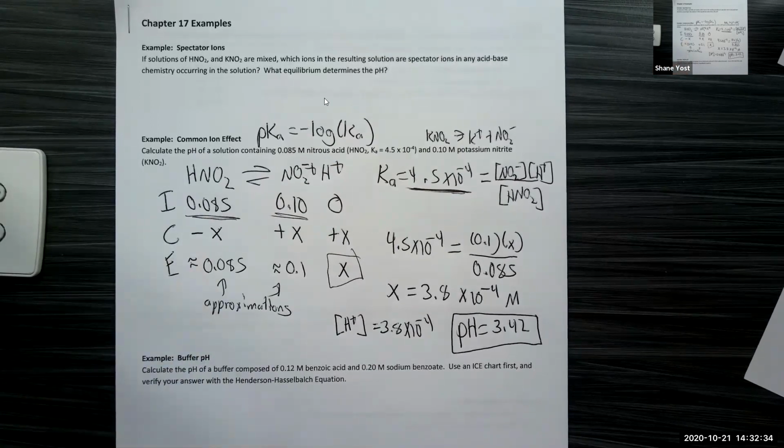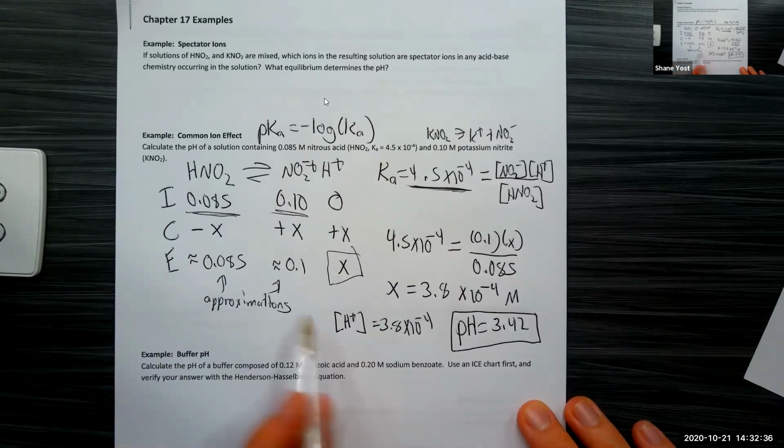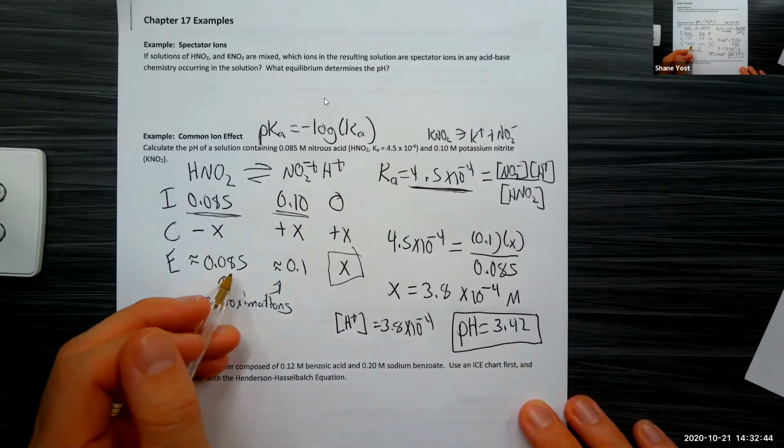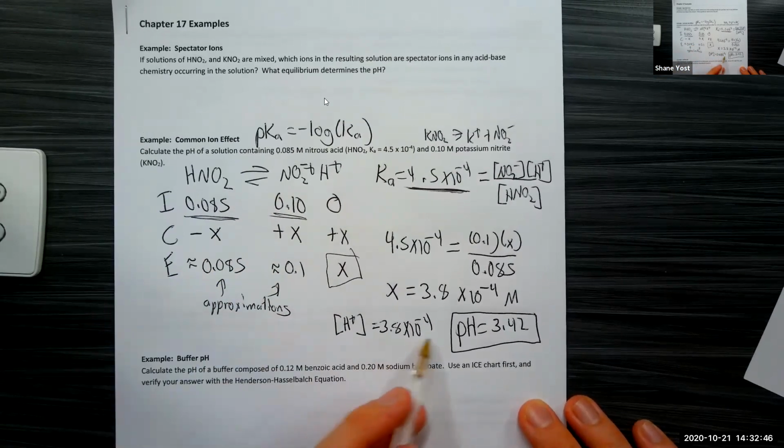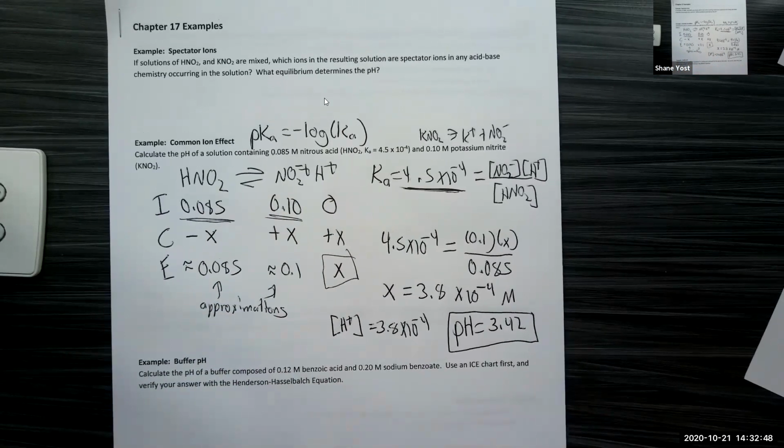And you can always check your answer. Using this approximation, I got that X, my concentration of H plus, is 3.8 times 10 to the minus 4. So if I did 0.085 minus 3.8 times 10 to the minus 4, rounded to two significant digits, I'd get 0.085. So it's a very reasonable approximation to make. That's typically how I look at it.